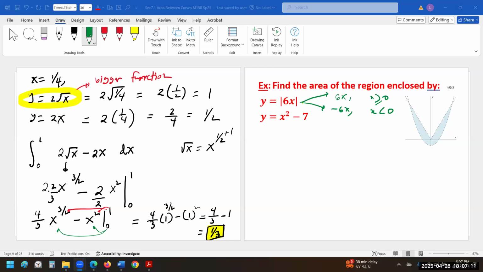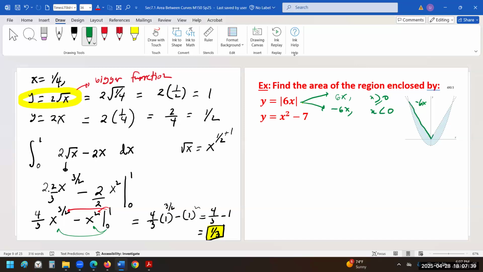We pick any point between 0 and 1 because those are our limits. And if the function crosses more than once, then we have to split our interval into two pieces. For example, here, this portion is negative 6x.